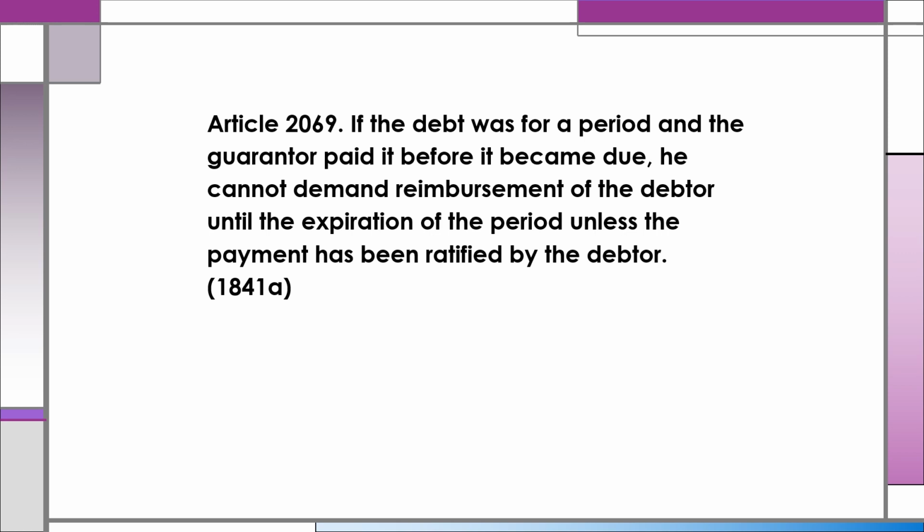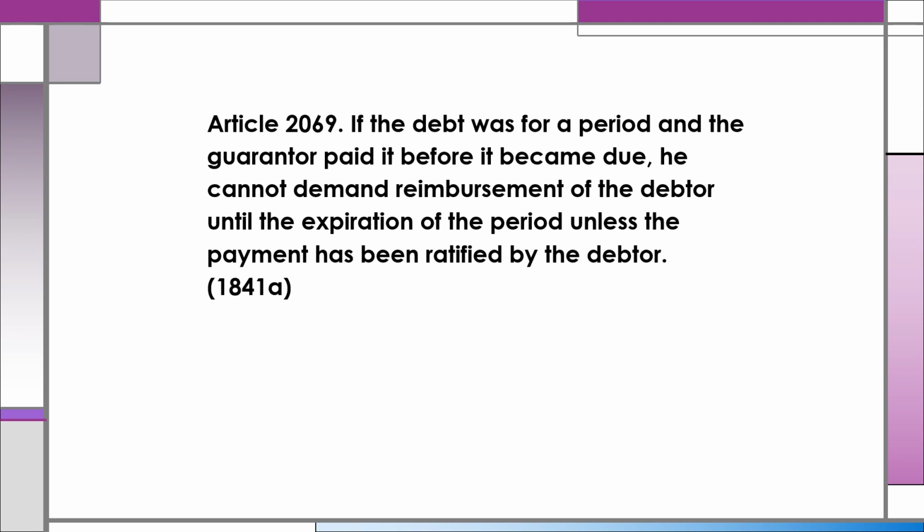Article 2069. If the debt was for a period and the guarantor paid it before it became due, he cannot demand reimbursement of the debtor until the expiration of the period unless the payment has been ratified by the debtor.